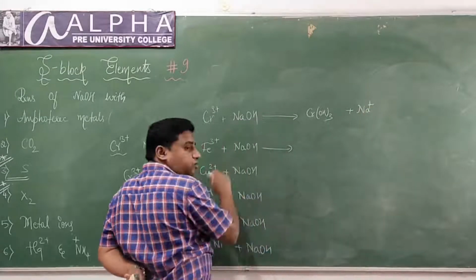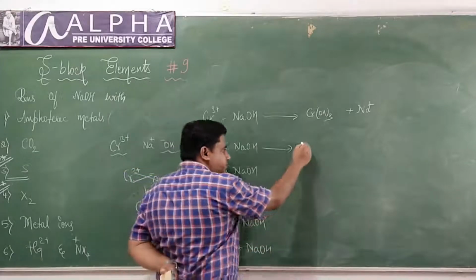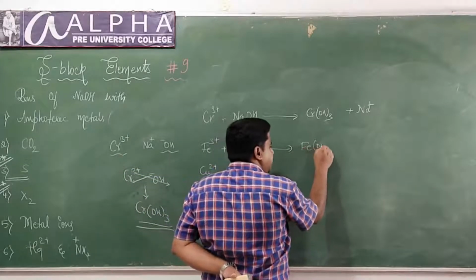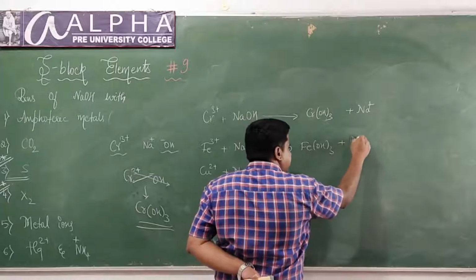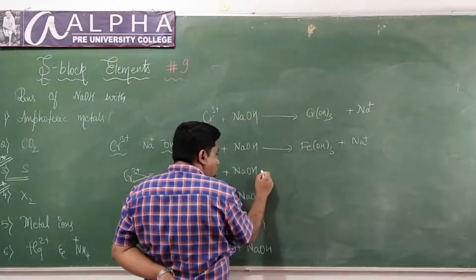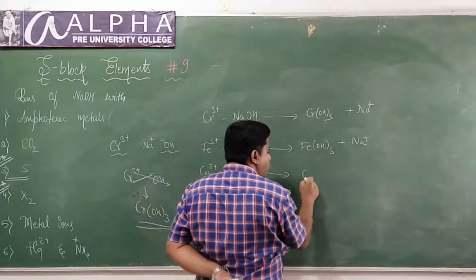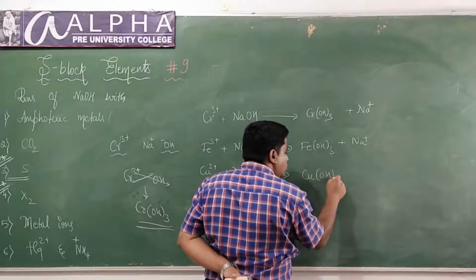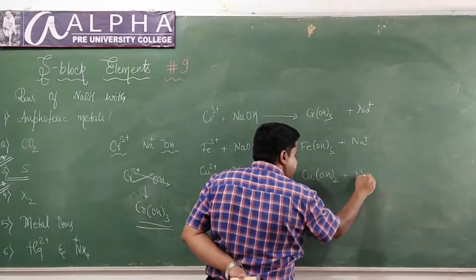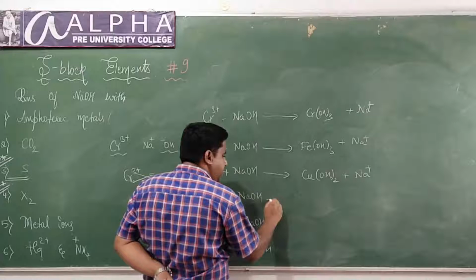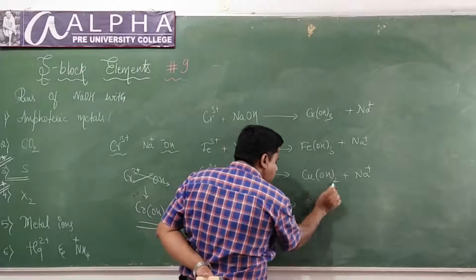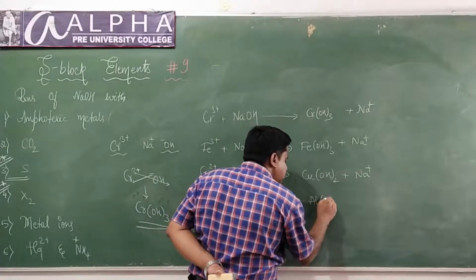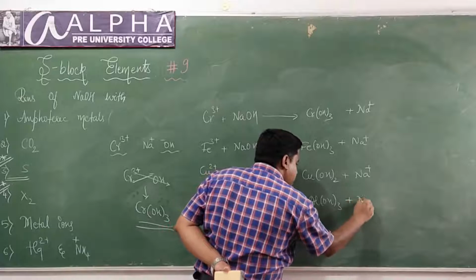When ferric ions react with sodium hydroxide, they form ferric hydroxide plus Na+ ion. Copper reacts with NaOH to form cupric hydroxide plus Na+. Aluminium ion forms aluminium hydroxide plus sodium ion.